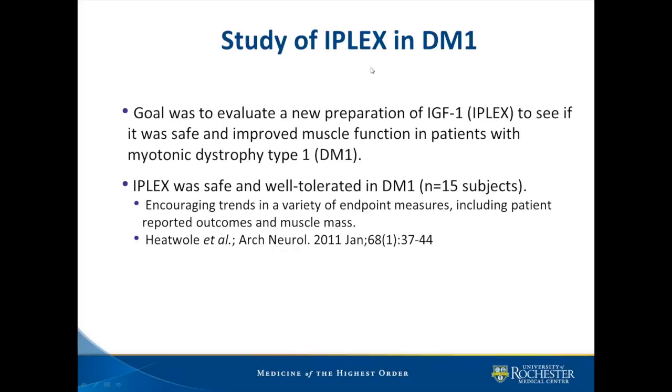And we were hoping that by giving injections of this material to patients with myotonic dystrophy type 1, we might improve their function, because there had been previous studies using free IGF-1 in a relatively small number of patients with myotonic dystrophy type 1, where those patients had gotten better.